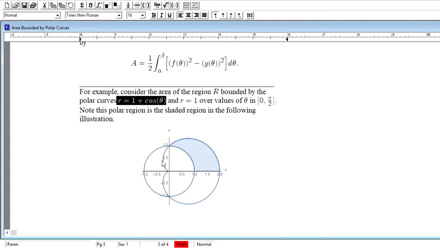Some might say this looks a little like a heart shape when turned on its side. And what we're interested in is the area bounded by these two polar curves, the cardioid and the circle, over values of theta in the interval from 0 to pi over 2.